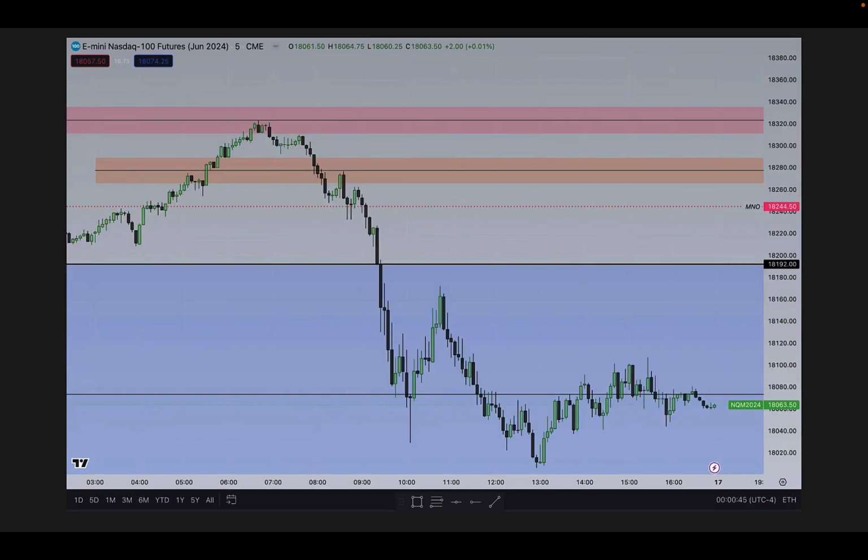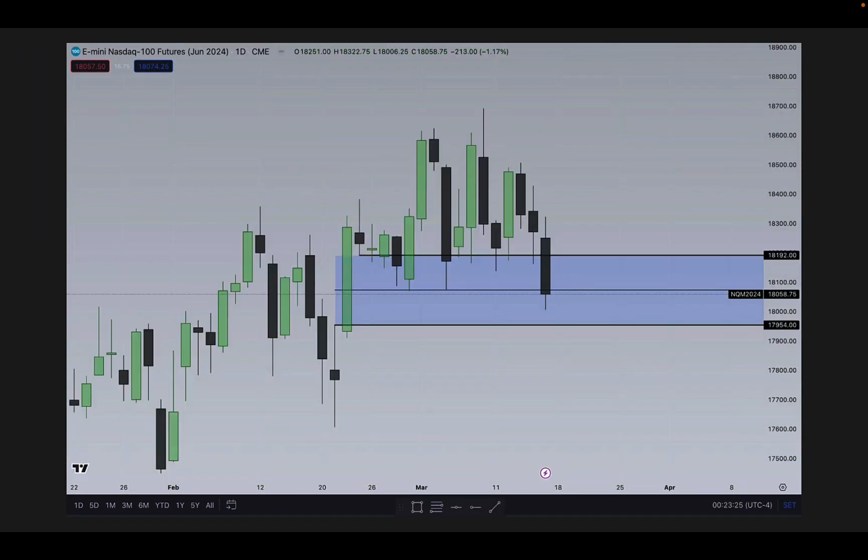So going back here, going into next week, we did close below the consequent encroachment of this fair value. I cannot say fair value gap tonight, guys. Okay, it's been a long night. So we close below here. So next week, I want to see, do we treat this as an inversion fair value gap?